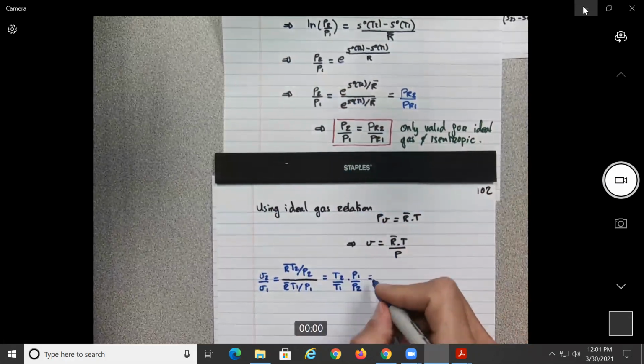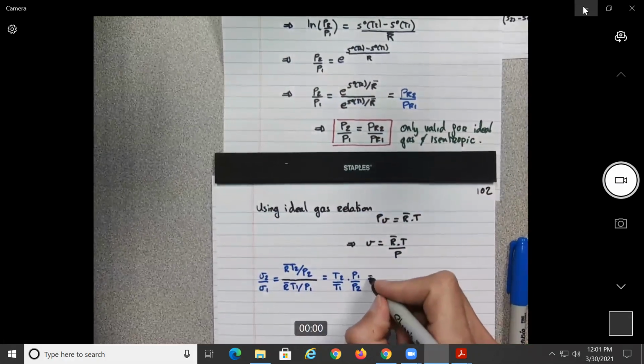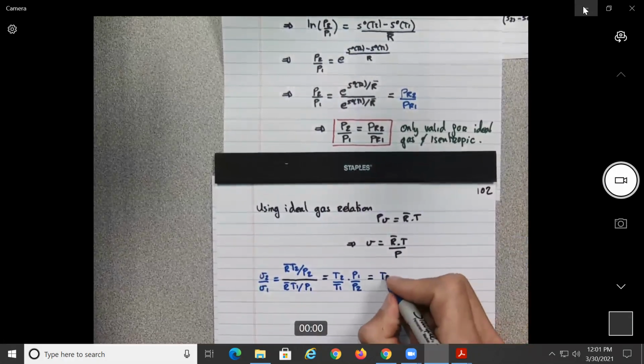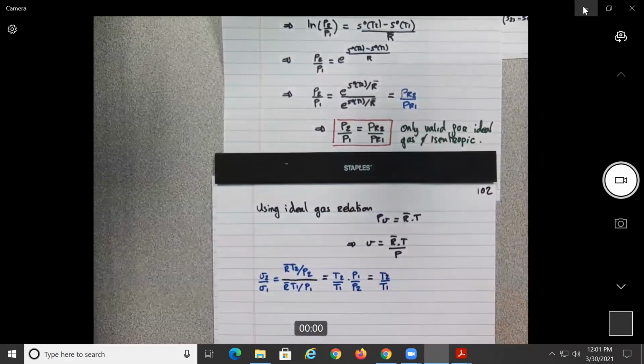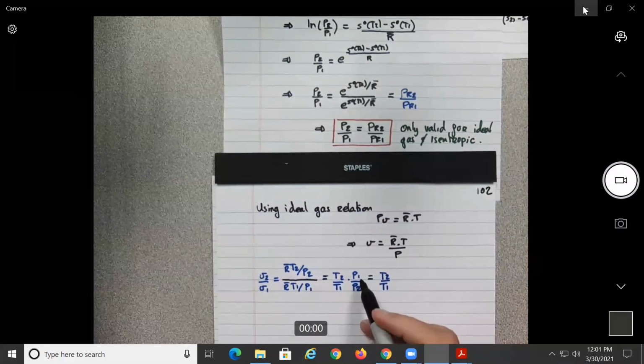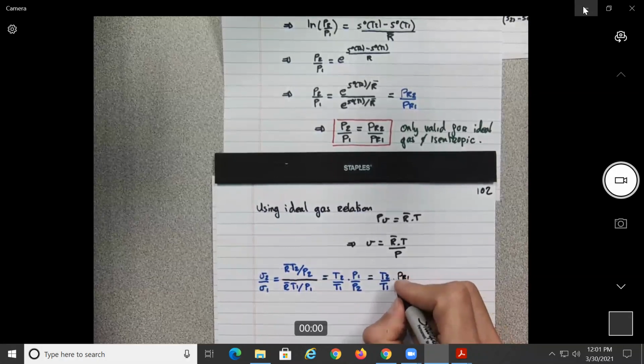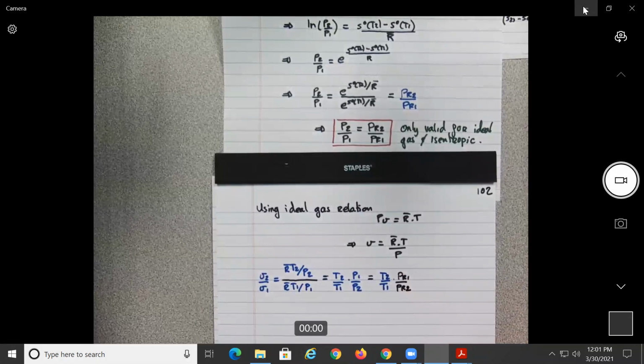Now, from the previous relation, this should be equal to what? T2 over T1 times P1 over P2 should be equivalent to PR sub 2 over PR sub 1.